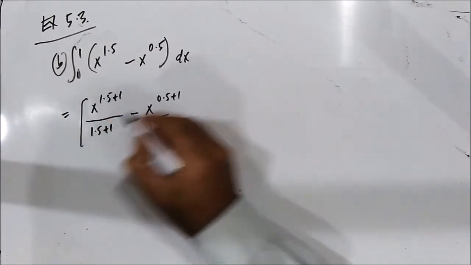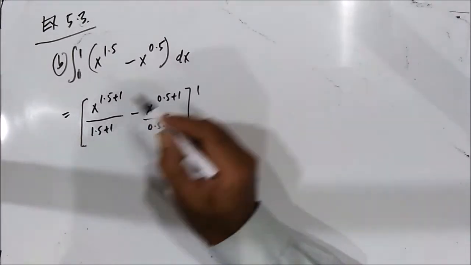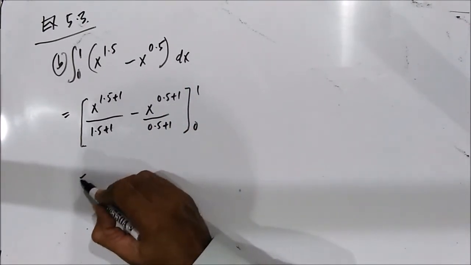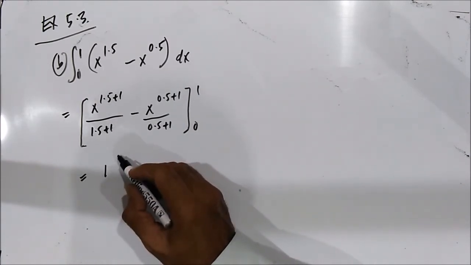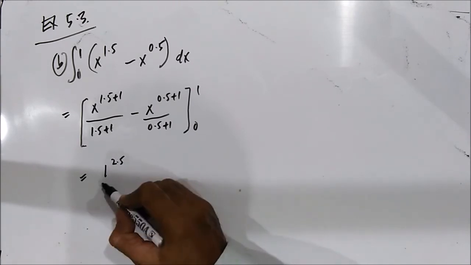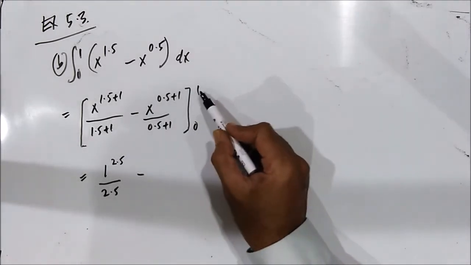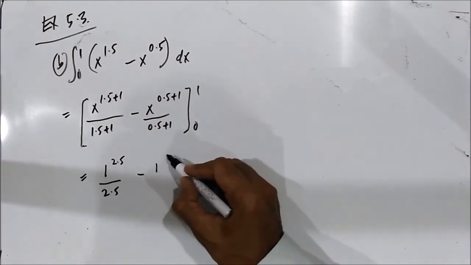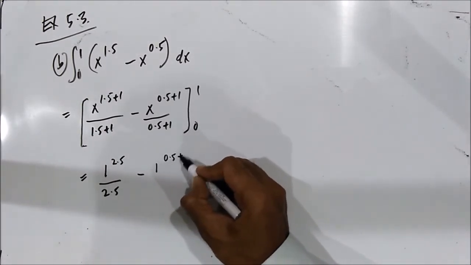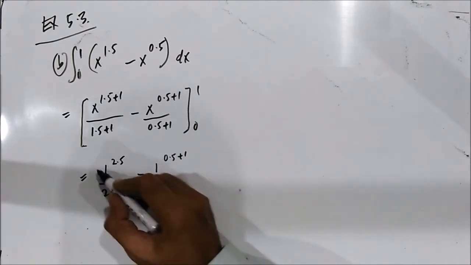So substitute for 1 and 0. Then we get 1 raised 1.5 plus 1 is 2.5 over 2.5, minus, substituting for 1 here, 1 raised 0.5 plus 1 over 1.5.